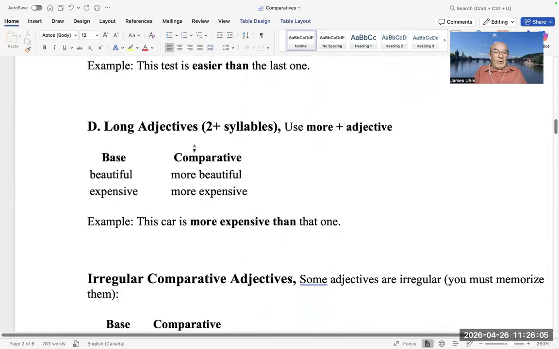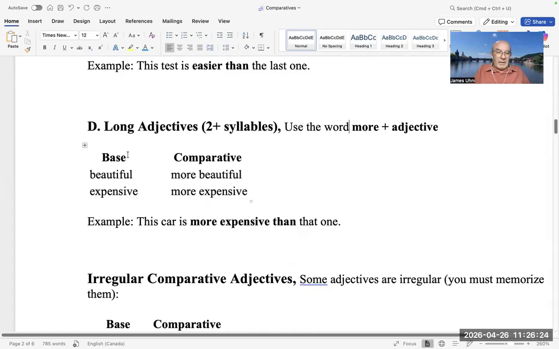Then we have long adjectives, two syllables. We use the word more plus adjective.